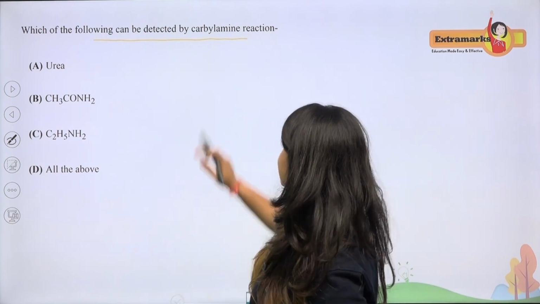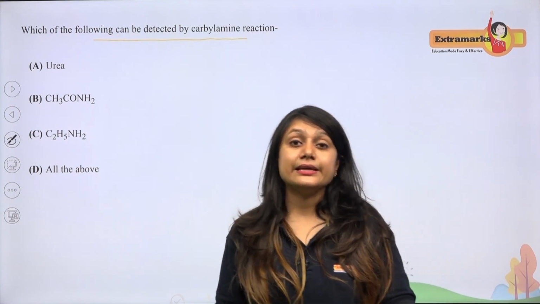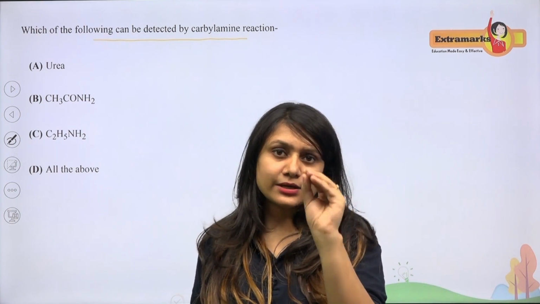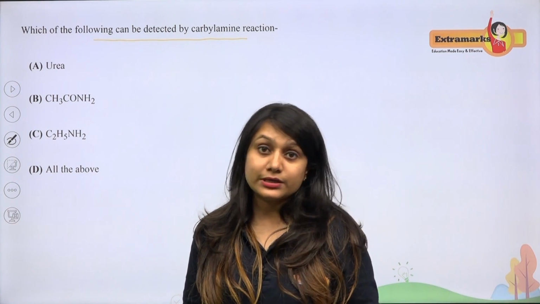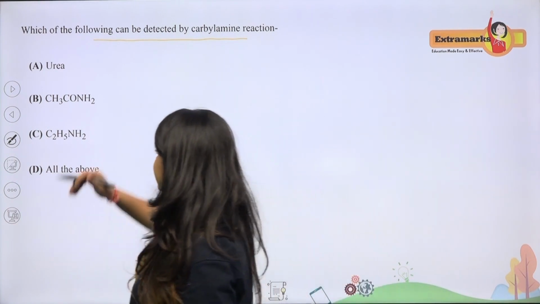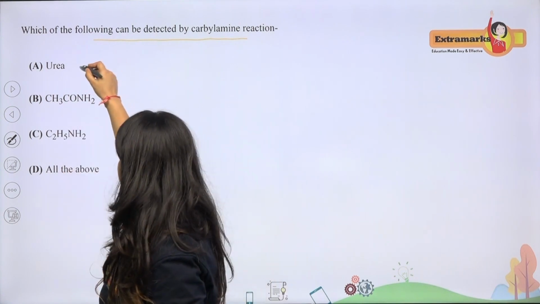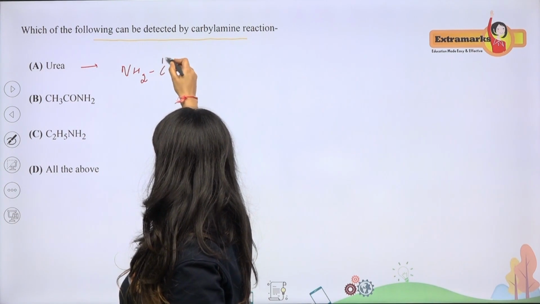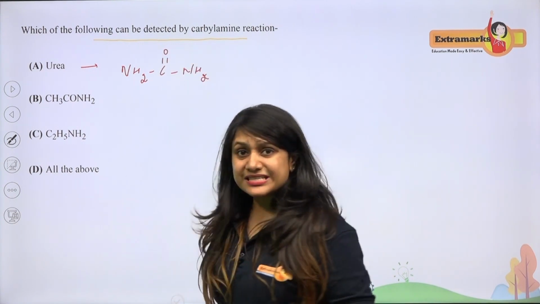Okay. Now as you can see in this case, which option is basically the primary amine? You have to focus. The carbylamine reaction is only successful for the 1 degree, so it detects only the 1 degree amine. Now in this particular question, urea is nothing but NH2CONH2, right? So is this an amine?